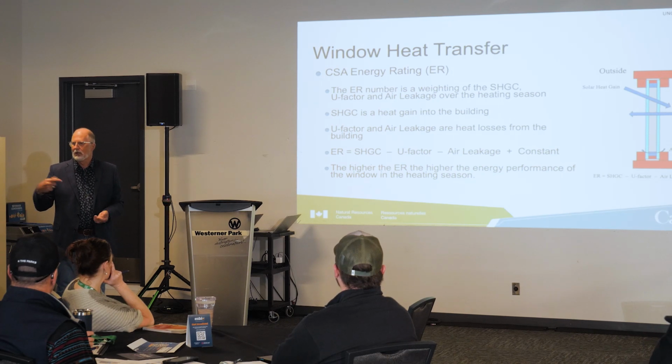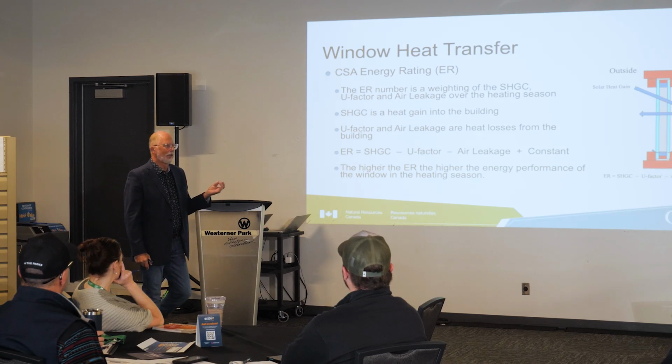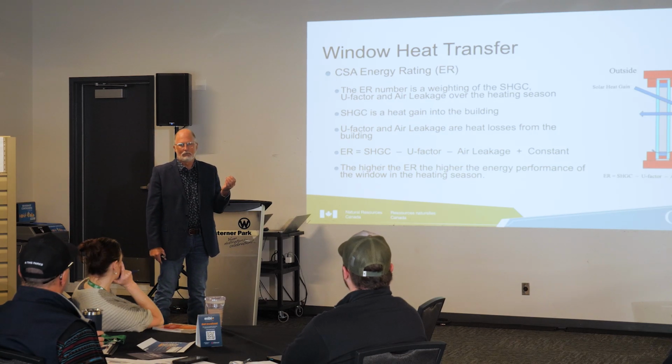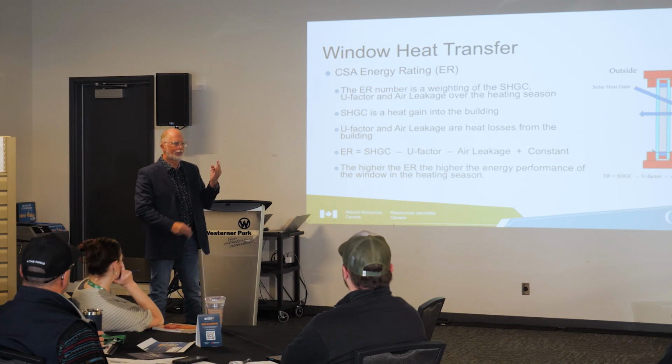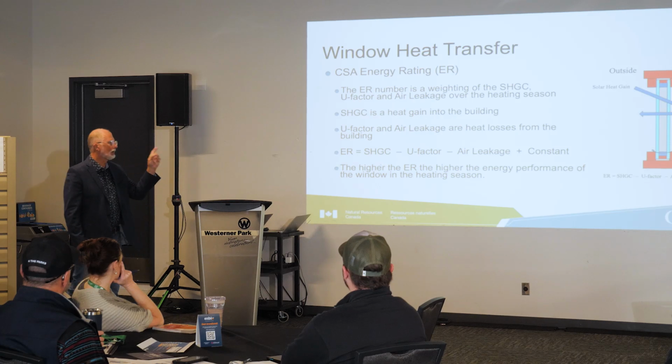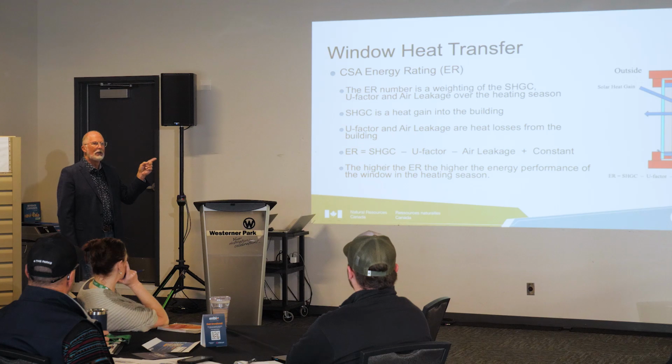I can't put that into the energy model. I need to know the solar heat gain, I need to know the air leakage, and I need to know the U value. But that's what that is. It's a way to calculate those three metrics to figure out what efficiency or efficacy that window is.